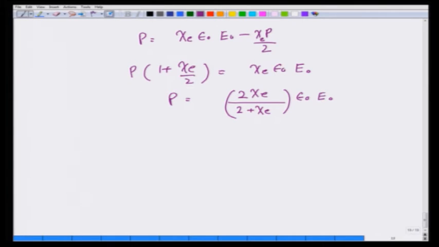Notice if chi e is 0, then there is no P. Okay. So, now I can put the vector sign: P is going to be in the y direction.